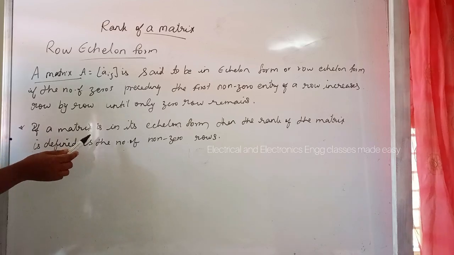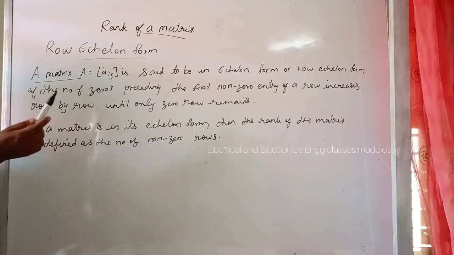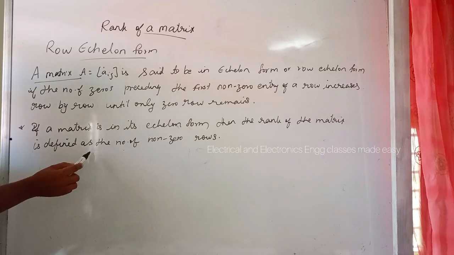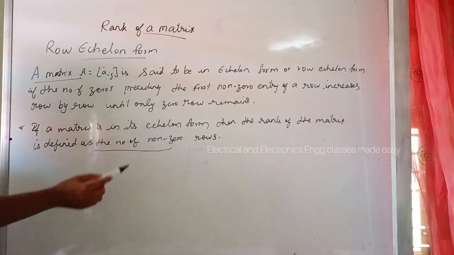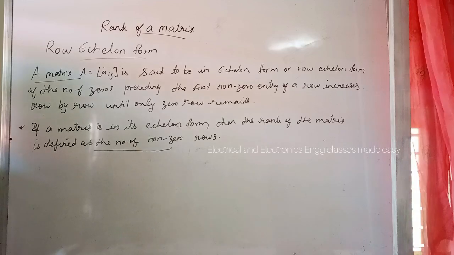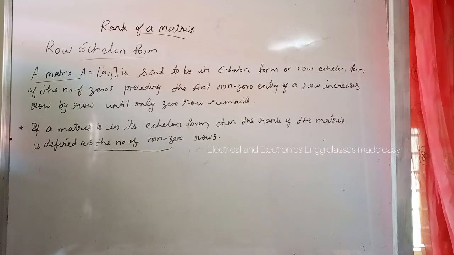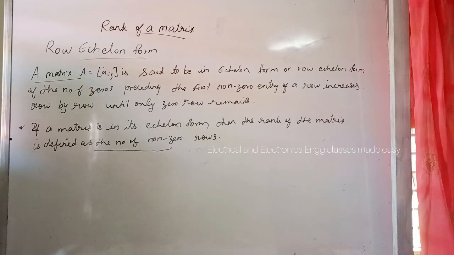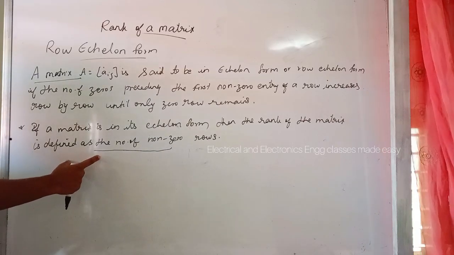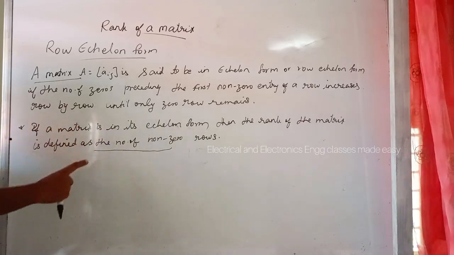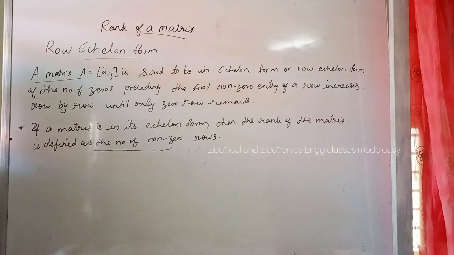If a matrix is in its echelon form, then the rank of the matrix is defined as the number of non-zero rows. So let us find the rank of a matrix in echelon form.